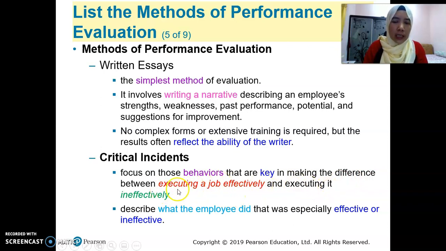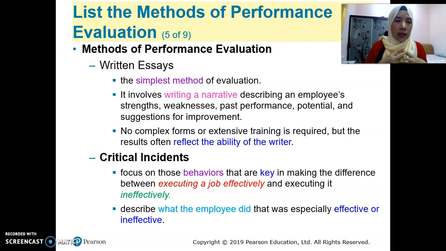For example, executing a job effectively and executing it ineffectively. So they want to know about these two critical incidents, one performing the task effectively, the other performing the task ineffectively.